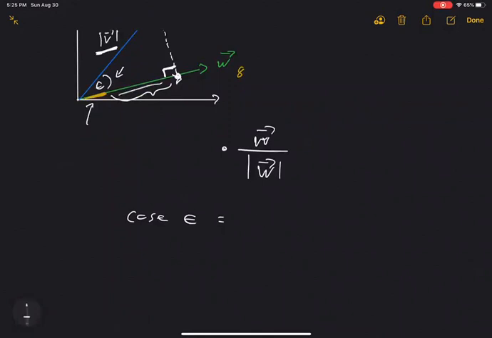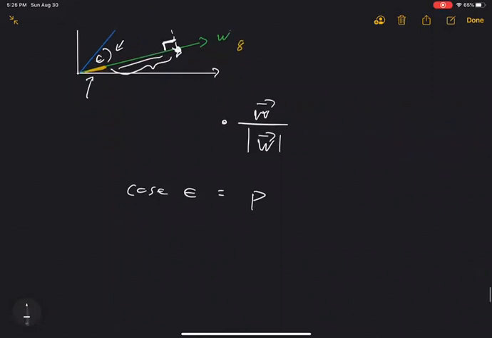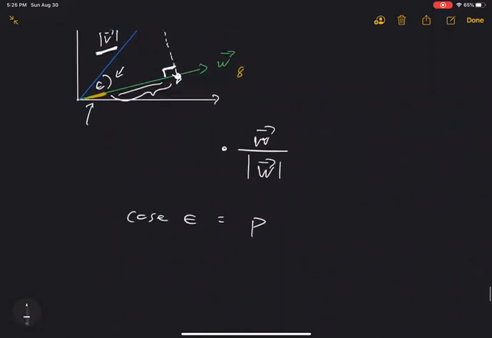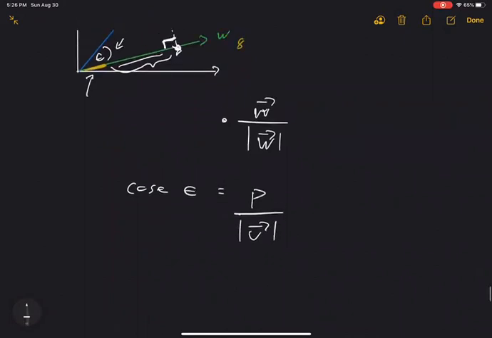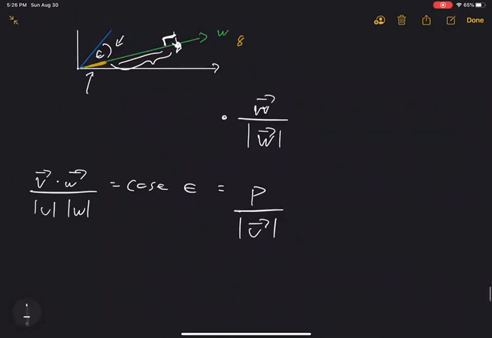Let's call it P, okay? That's a number, okay? That cosine is going to be P divided by length of V, all right? And on the other hand, this cosine of theta equals V dot W over magnitude V, magnitude W. Okay.